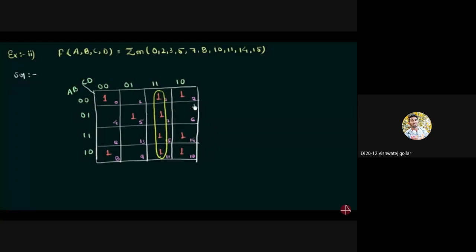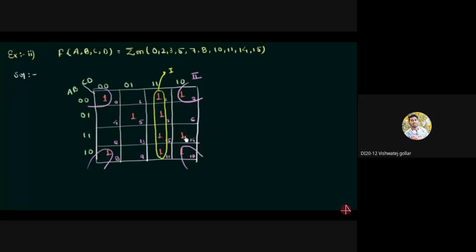After this, you can pair these 4 ones, this one, and these 2 ones. So this is your second prime implicant. This one was your first prime implicant.